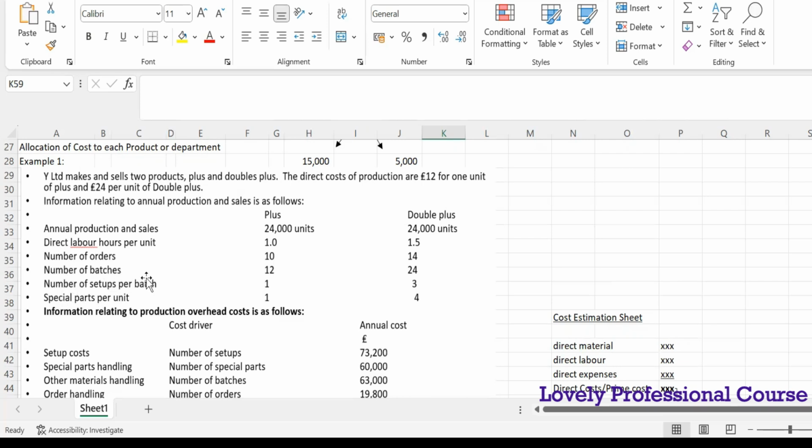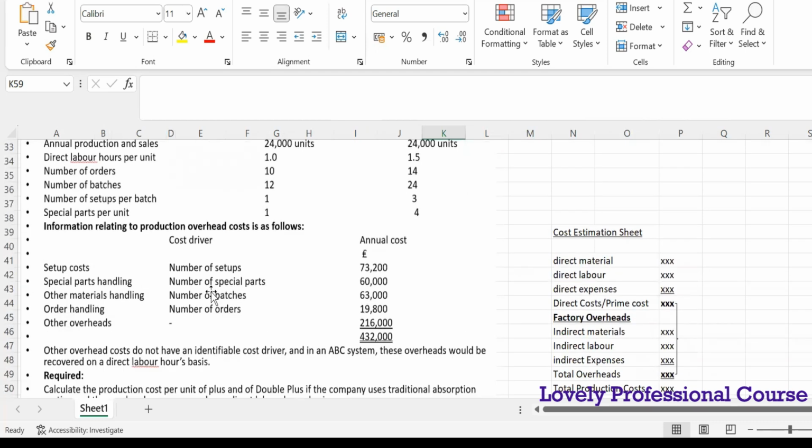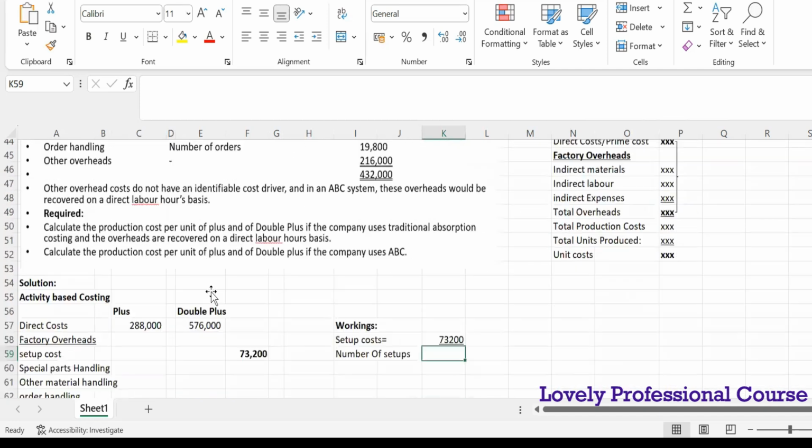This is what we want, but it is not the number of setups the examiner commands us to use. The examiner tells us to use the number of setups, not the number of setups per batch. So we have to find the number of setups.